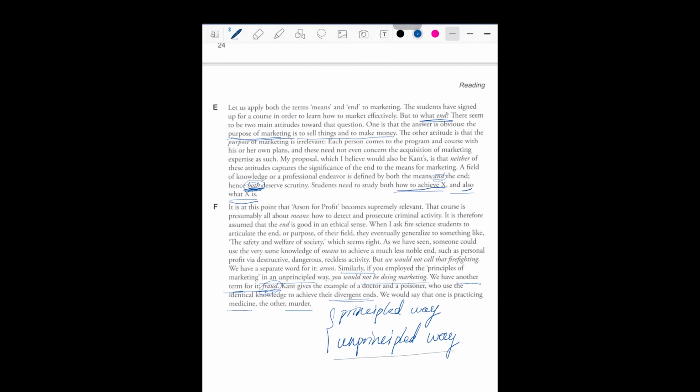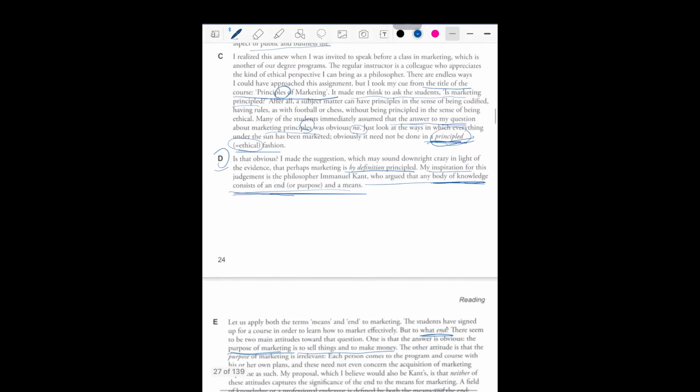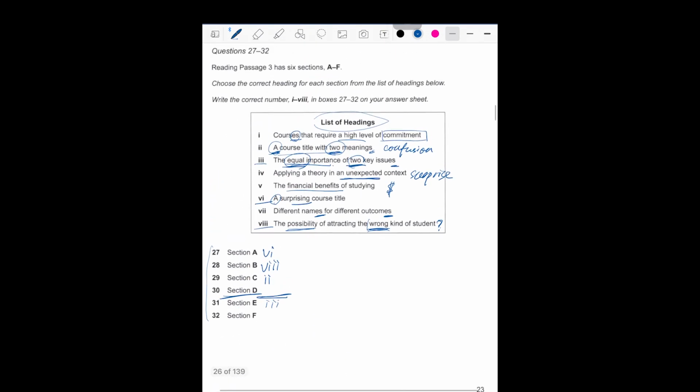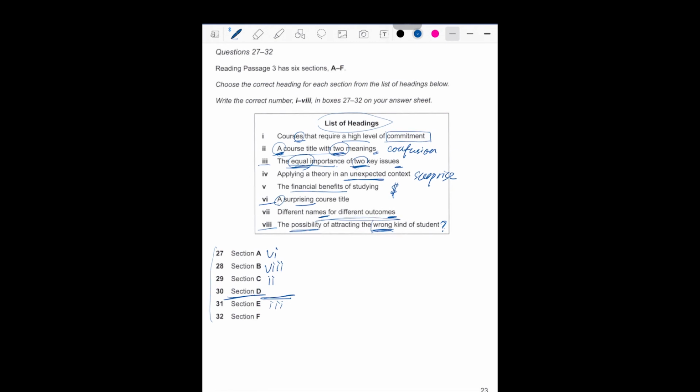And if you practice medicine in an unprincipled way, you are a murderer. So I believe the heading for this one would be different names for different outcomes. The cause is the same, the means is the same in this context, but the outcome is different and we have different names for it. Fraud, marketing, and doctors versus murderers.